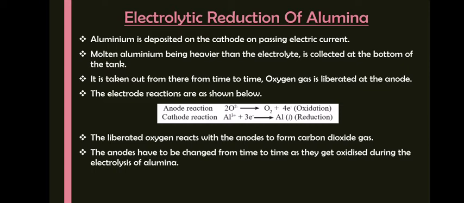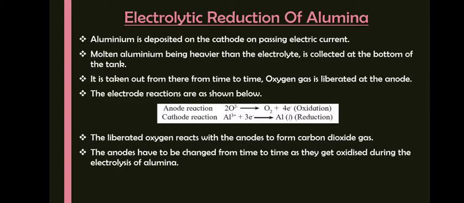See, the motto is to reduce the Al3+, that is cation, into the atom. So we have to add 3 electrons to it. That reaction will take place at cathode, and finally Al will be formed, that is aluminium atom.